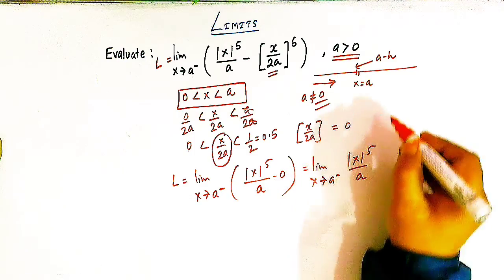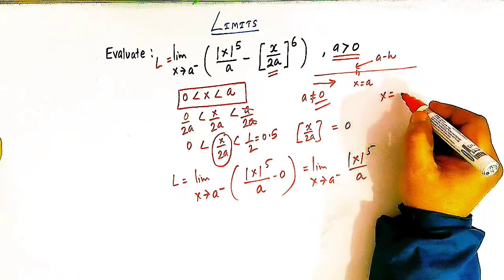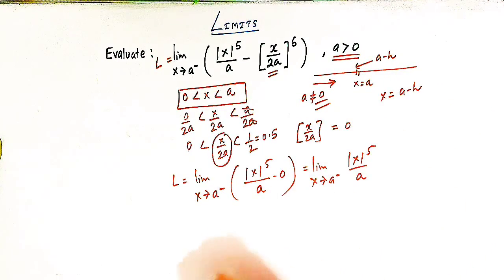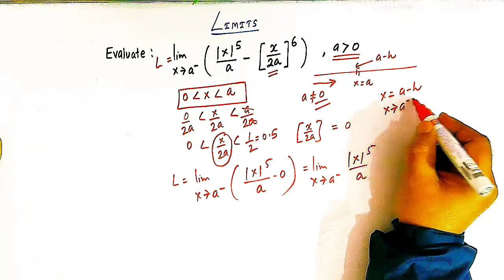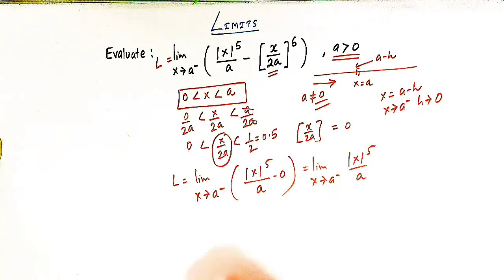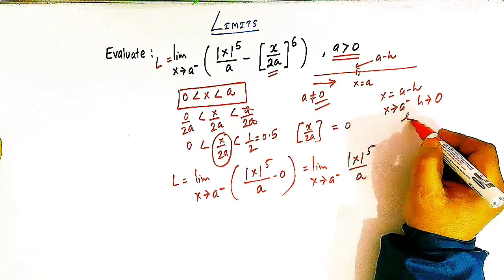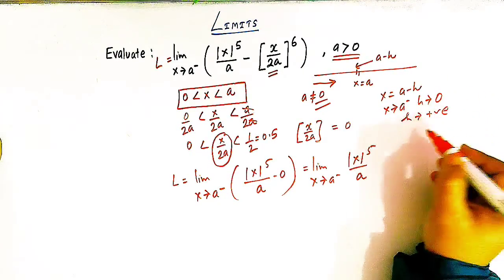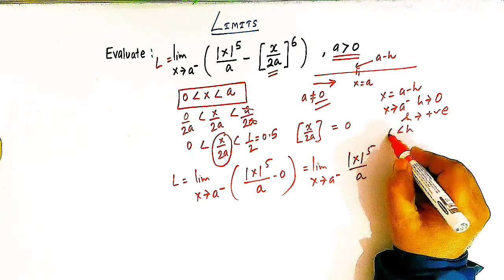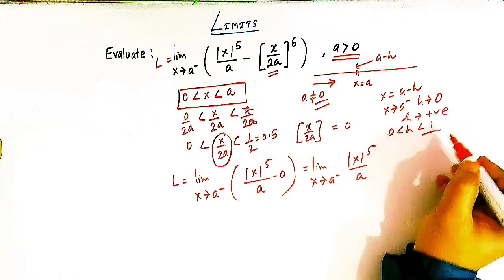Now we can take x equal to a minus h. So when x tends to a, then h tends to 0. And here h is infinitesimally small, a positive quantity which is greater than 0 but less than 1.